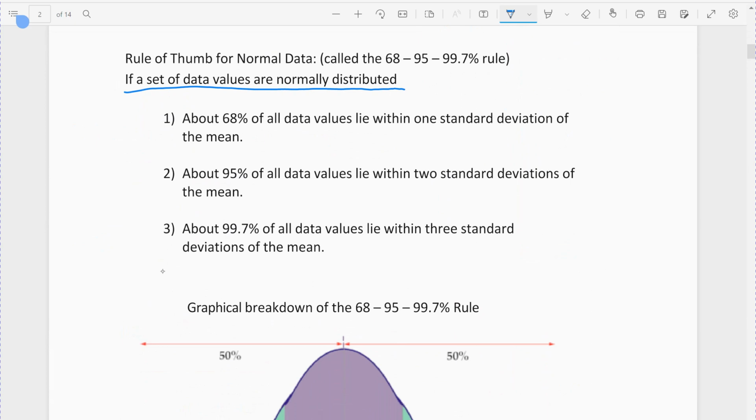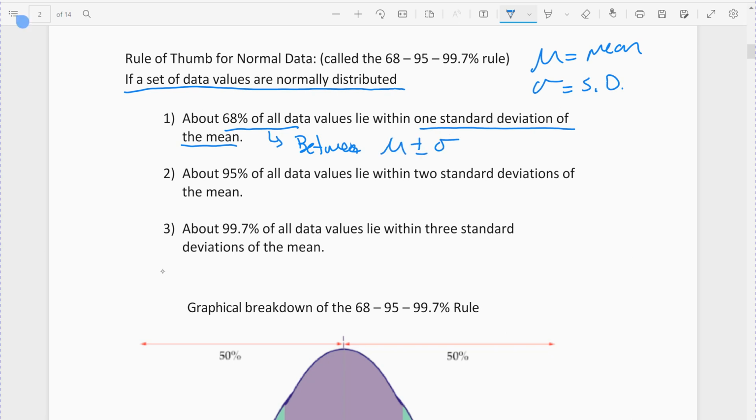68% of all of the data values, all of the values in our normal set, will land one standard deviation from the mean. So again, if I write my mean as mu, there's my mean, and sigma as my standard deviation, 68% of all the data values will be between the mean plus or minus the standard deviation.